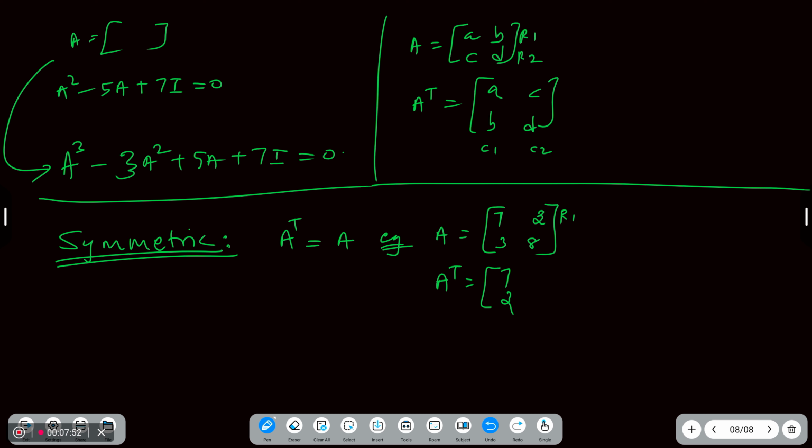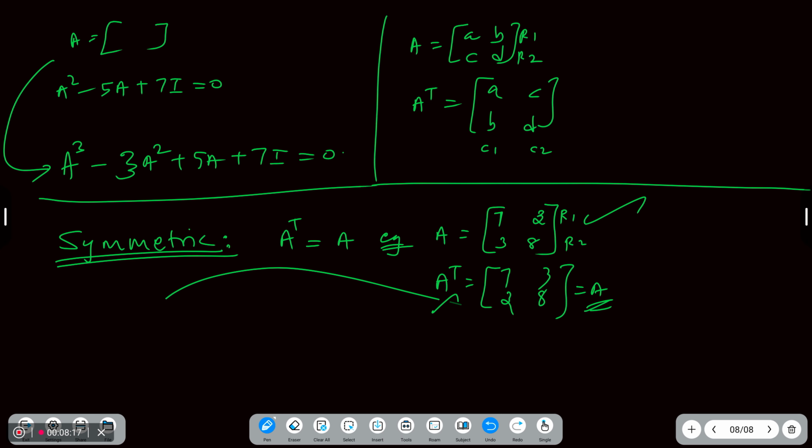And row 2 I am going to write as a column, so 3, 8. Now see, again it is the same matrix. So if I apply A transpose and I get the same A, the A matrix is called a symmetric matrix. Have you understood? A matrix is symmetric.